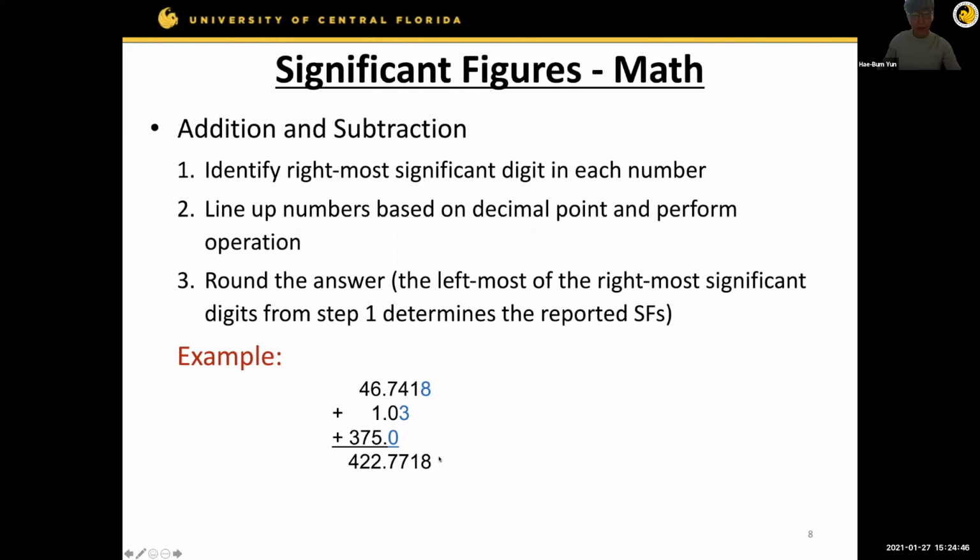Then we have this number as a result of the summation. Then we need to determine the significant figures. How? This 0 is the smallest one, so we take the 0.8 as the significant digit. So the number of significant figures of this operation is 4.